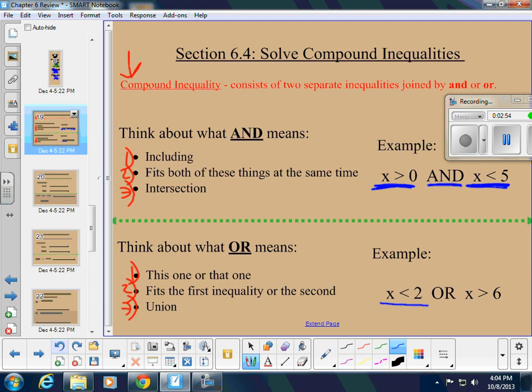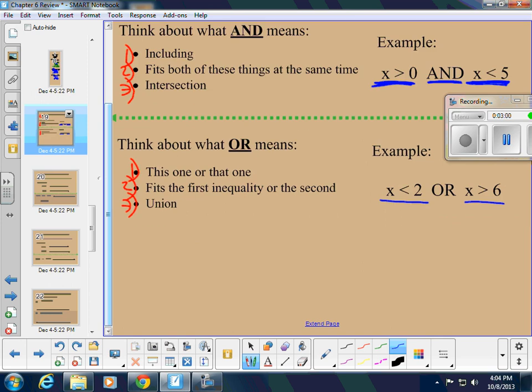I have x is less than 2 or x is greater than 6. Again, those are two separate inequalities, but when I join them with the word or, now I'm talking about all the solutions, numbers that fit x is less than 2 or numbers that fit x is greater than 6.